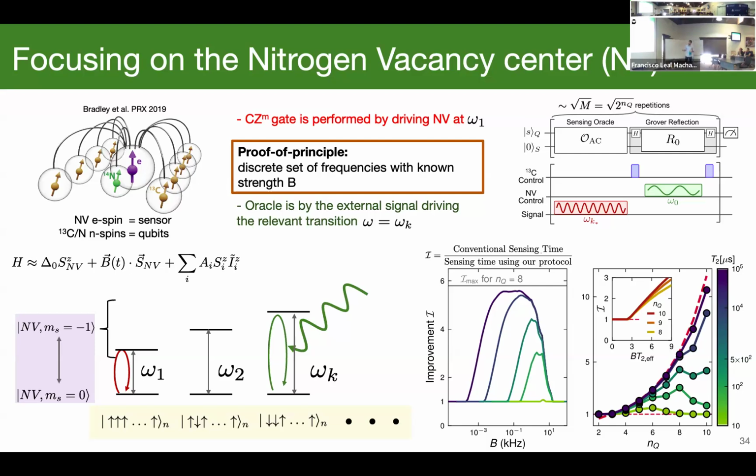And what you see is that in this approach, having a register of a small number of qubits, in this case 8, you already see an improvement of a factor between 2 and 4 for coherence times that are on the order of the reported gates. Okay.